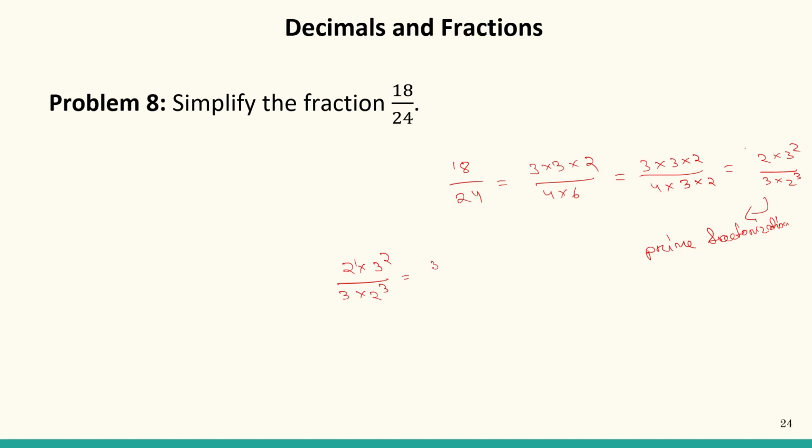So that is 3 power 2 in the numerator, and in the denominator it becomes 3 into 2 power 3 minus 1, that is 3 power 2 by 3 into 2 power 2. We have another 3 to cancel, so this will further be simplified to 3 by 2 power 2, that is equal to 3 by 4.